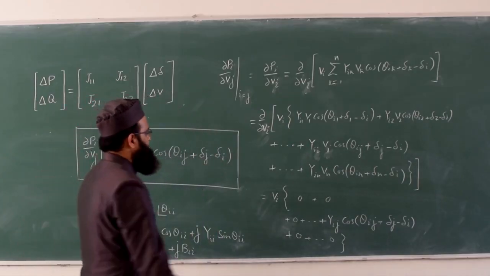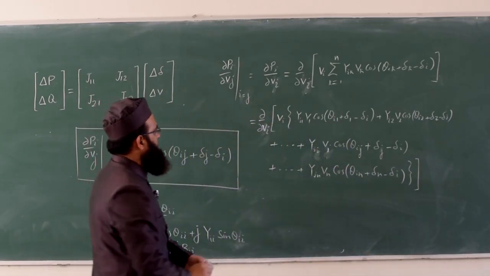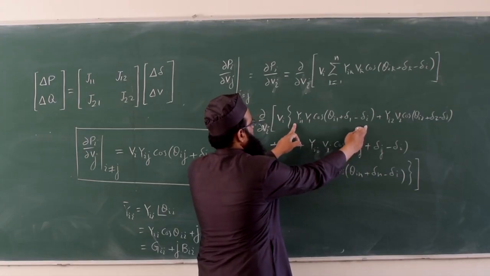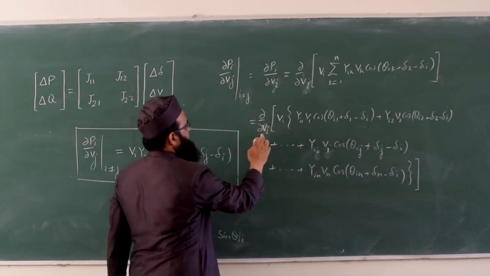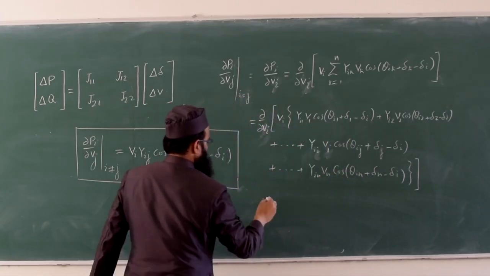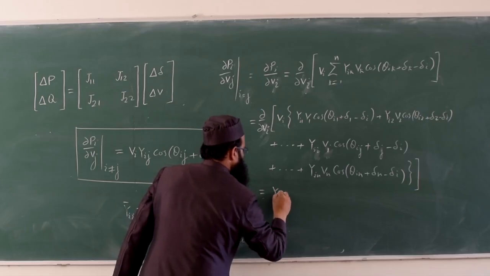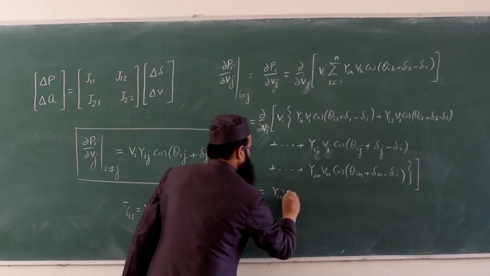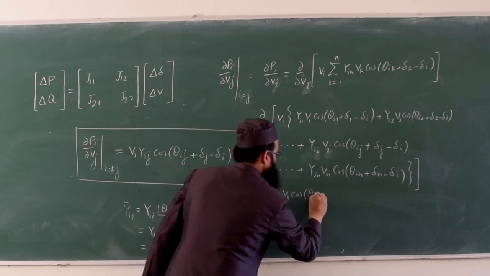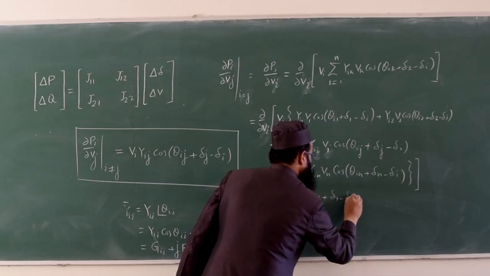So, this time this will be the same, because it is Vi and we are differentiating with respect to Vi. So, this term will be as it is right here. What we will write for the first term: Yi1 V1 cosine of theta i1 plus delta 1 minus delta i.